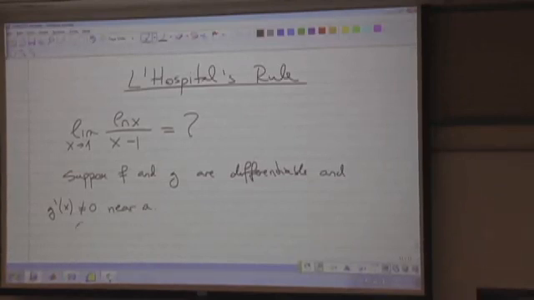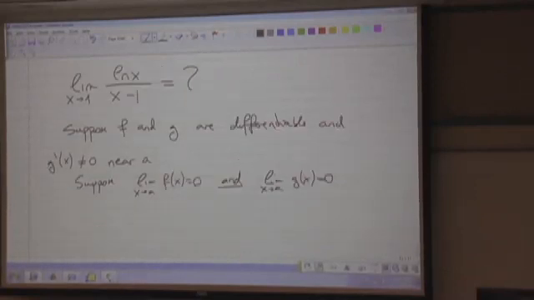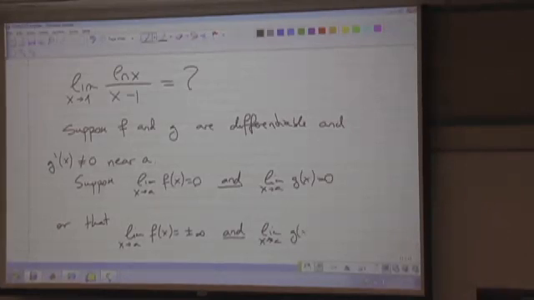Suppose the limit as x goes to a of f of x is equal to 0 and the limit as x goes to a of g of x is equal to 0, or that the limit as x goes to a of f of x is equal to plus or minus infinity, and the limit as x goes to a of g of x is equal to plus or minus infinity.